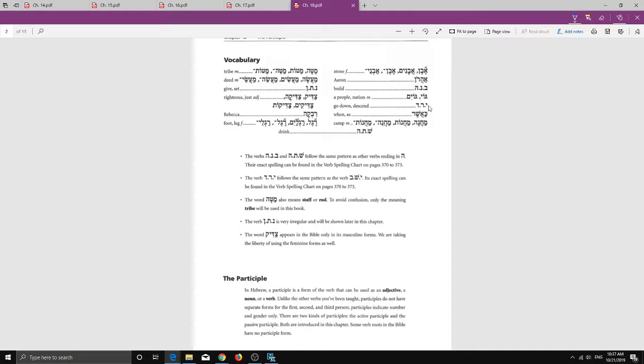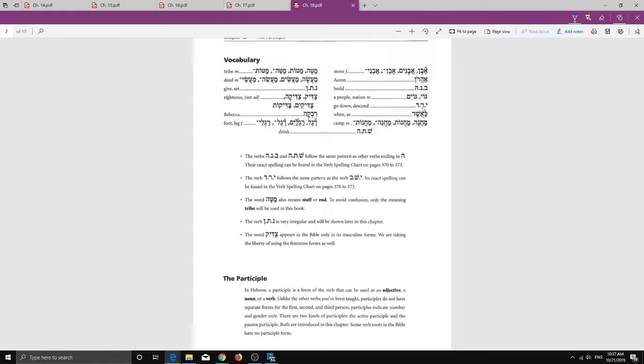Next we have our verb yod resh dalet, or yarad, means go down or descend. You might think about it as the opposite of Alah, to go up or ascend. So Alah versus yarad. Okay. Then we have ka'asher, means when or as.